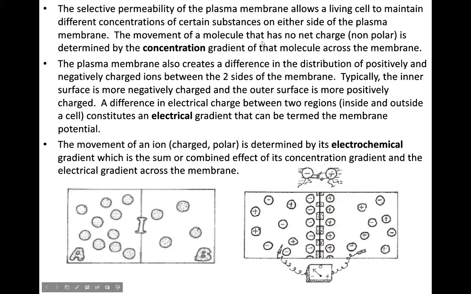Now the movement of a molecule that has no net charge, or in other words, is nonpolar, like oxygen and carbon dioxide, is determined by what we call its concentration gradient across the membrane. Basically, the more common type of motion, what we call passive transport, is based on this concentration gradient, the amount here versus here.